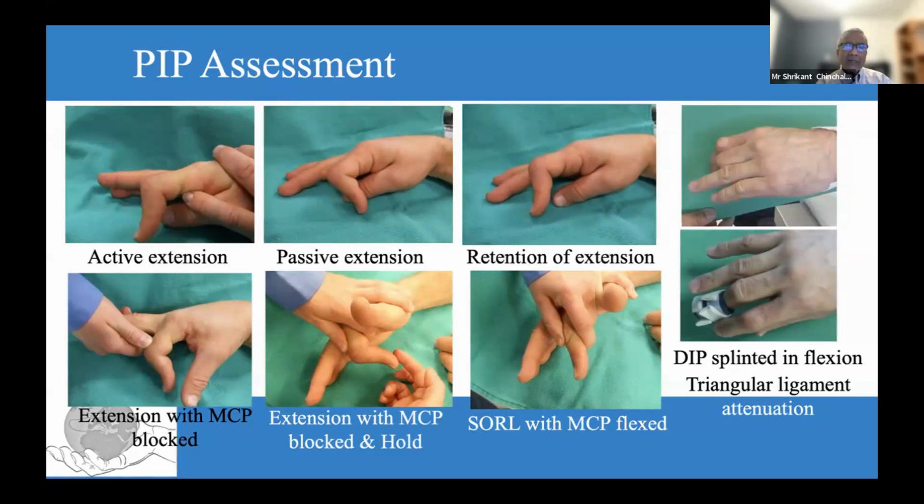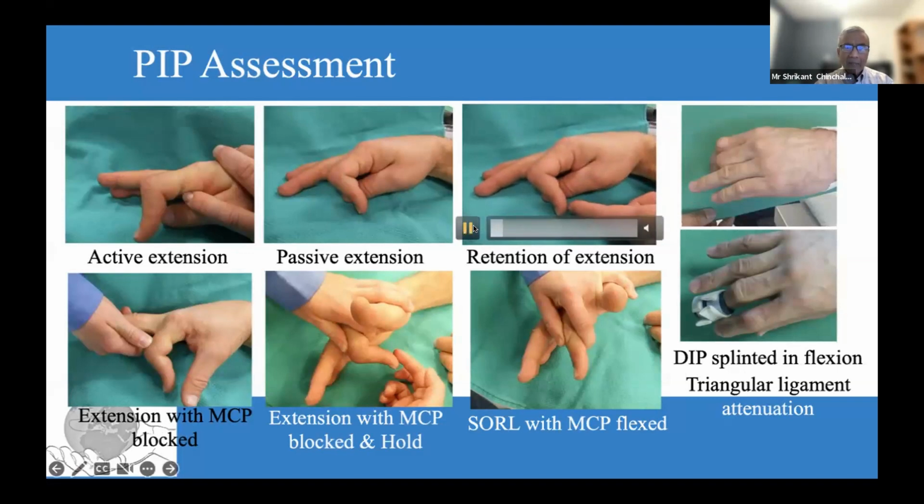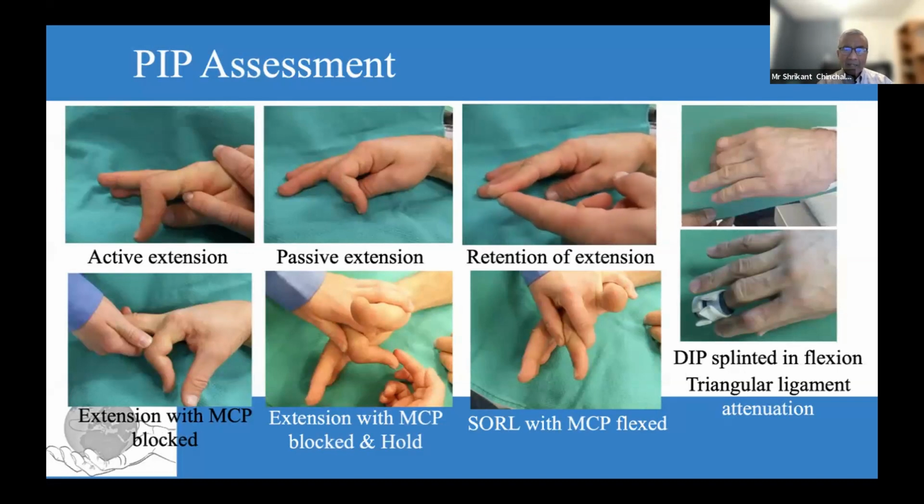However, the central slip, because it's deficient or not present, is incapable of maintaining the relationship of the lateral bands and central slip together, because the central slip is just not there. So in this situation, you can see that by extending the finger passively and asking a person to hold, the lateral bands are somewhat closer to the anatomical axis of rotation.